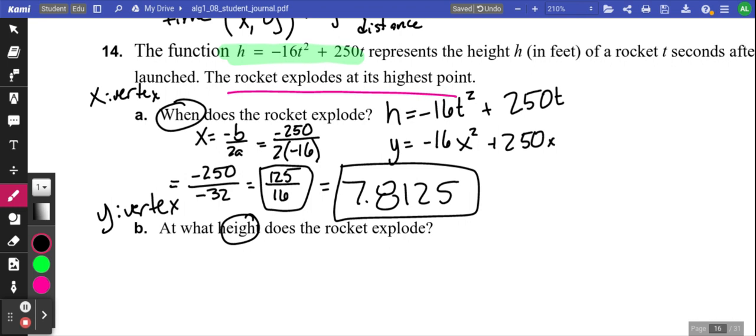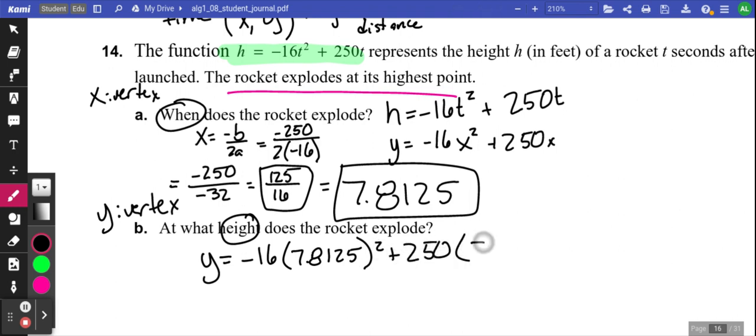So when I'm trying to find the height at which my rocket explodes, I'm going to plug that exact number in. I'm finding my y, so I'm going to plug that in for x or t, however I want to look at it. So I'm going to get negative 16 times 7.8125 squared plus 250 times 7.8125.